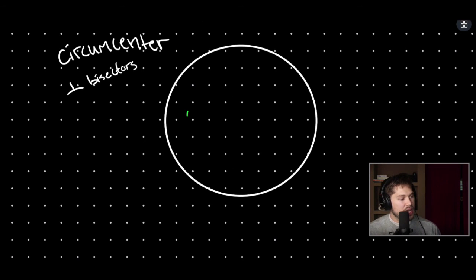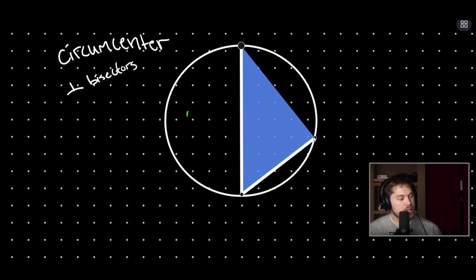So here, if I draw a right triangle, here we go, what do we know? Well, we know that the orthocenter will be right here at the 90-degree mark. We know the circumcenter is going to be halfway along, half of our hypotenuse.